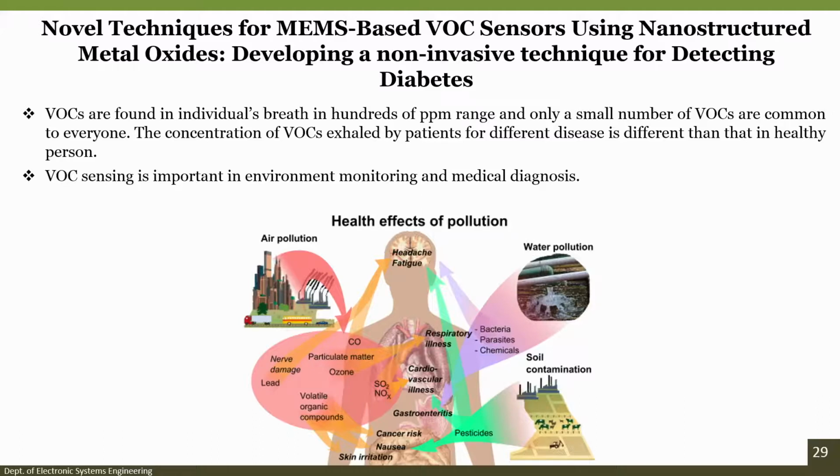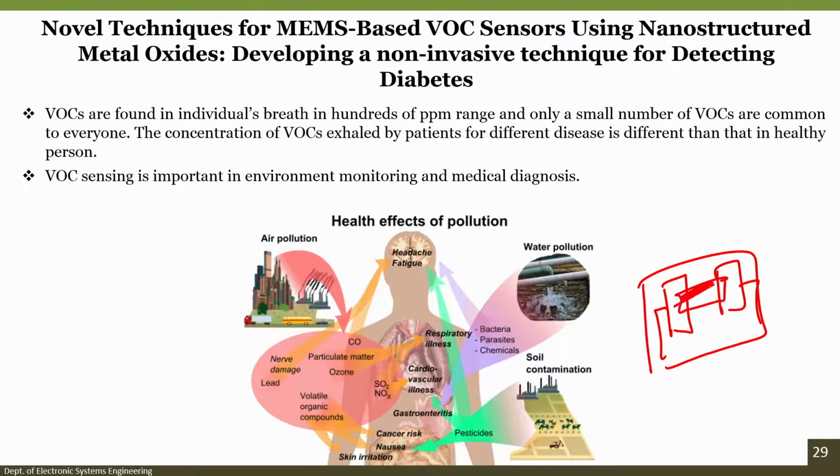So, gas sensor is a sensor. Let us say you have an electrode and you have a sensing material over these electrodes, all right. So, here you can measure resistance.